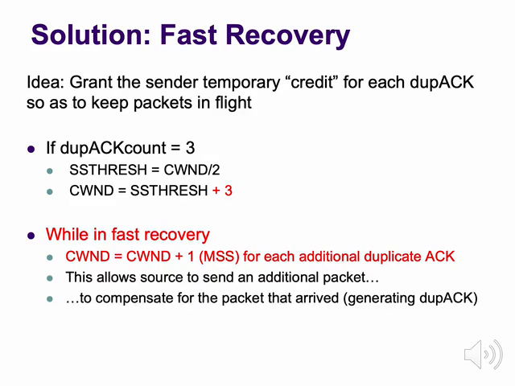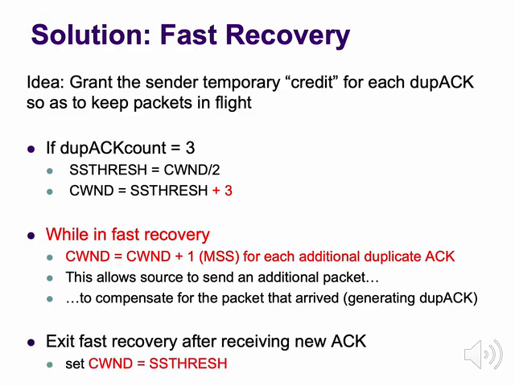The intuition, or the hope here, what this is trying to achieve, is that this allows the source to send an additional packet. That is in keeping with the conservation principle, it's 1:1 for the packet that arrived. So the packet that generated the dupack left the network, and so we're allowing the sender to put in a new packet. And we're going to let the sender keep doing this until it exits fast recovery.